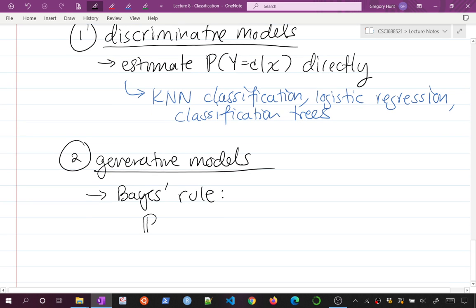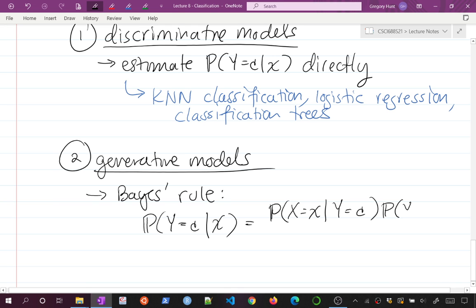Bayes' rule says that if the Bayes classifier says I should look at probability y is equal to my class given x, let's write it like that, I could use Bayes' rule to say this is the probability of observing x given my class times the probability I'm in my class over the probability I observe my covariates.